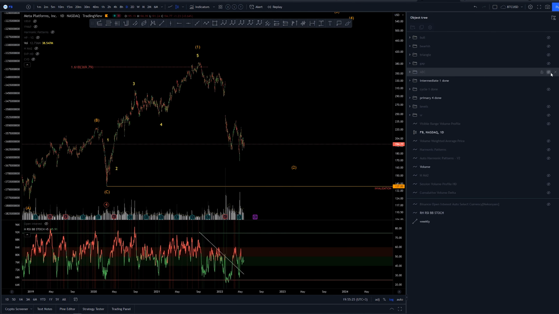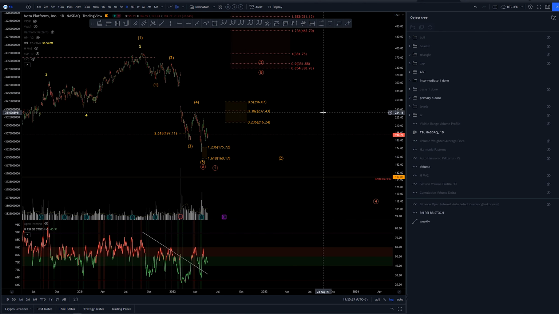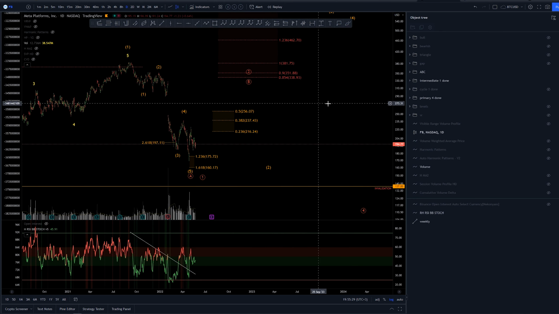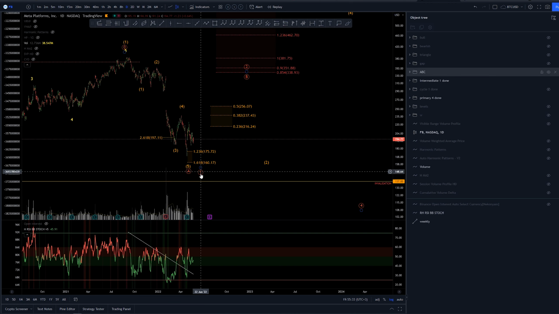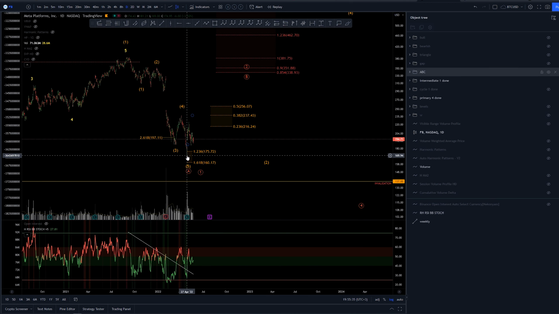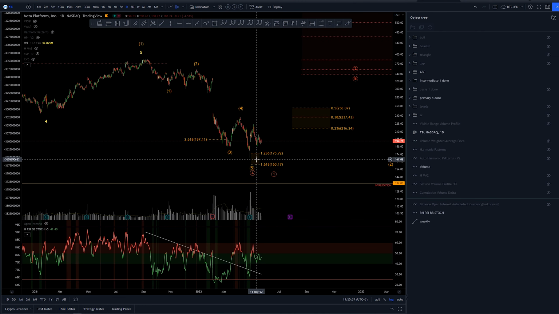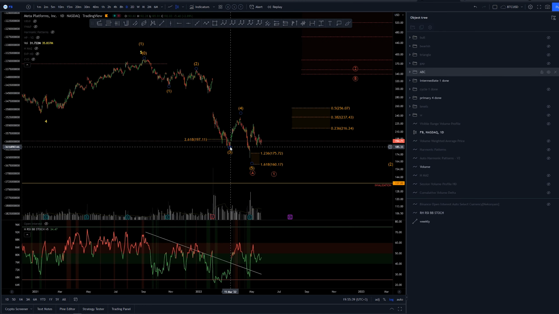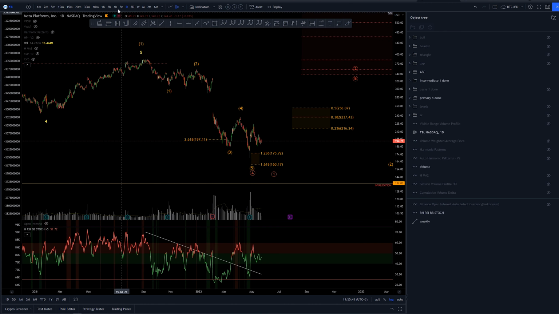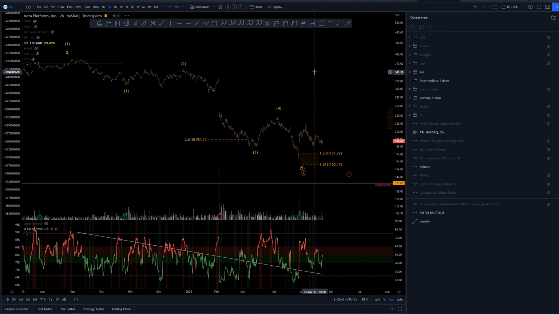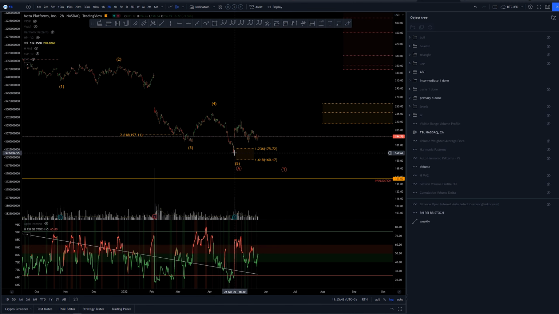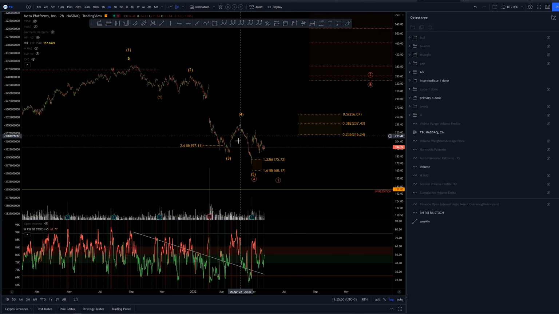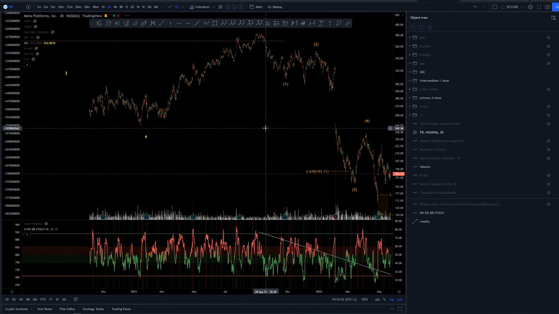Now let's start with this one. So this is again the idea where we had last time mentioned that this is 1, 2, 3, 4 and 5, 5 ending here. We do have a divergence on daily between these lows. If we go closer though, we are going to be removing that divergence, giving us some possibilities that this is not over yet.